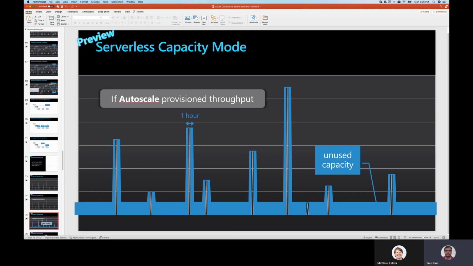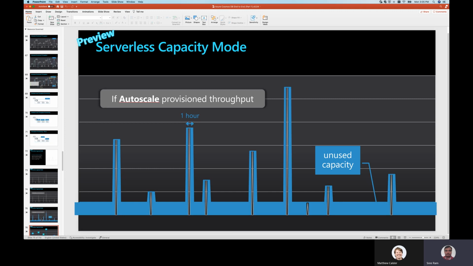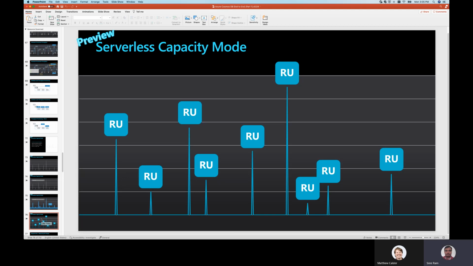Here, whenever the traffic comes, we serve it and we just go back, right? Like this. For example, let's say you need 40 RUs here, 20 RUs here, and 40, and so on and so forth. Probably overall you will be consuming 100 RUs throughout the day versus 400 RUs throughout the day.